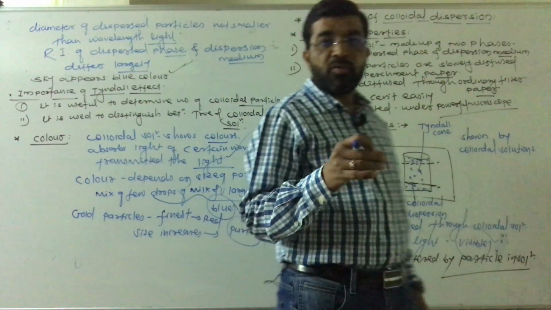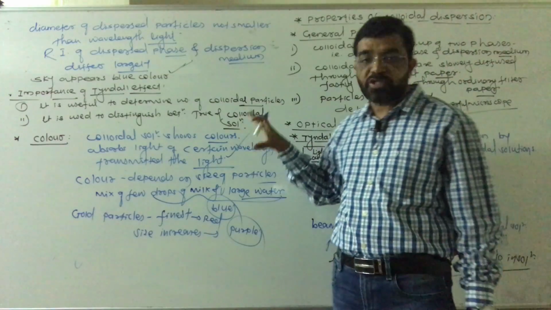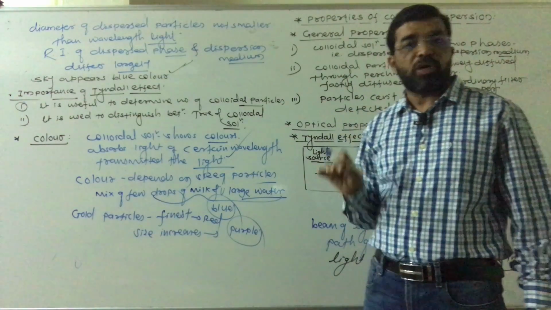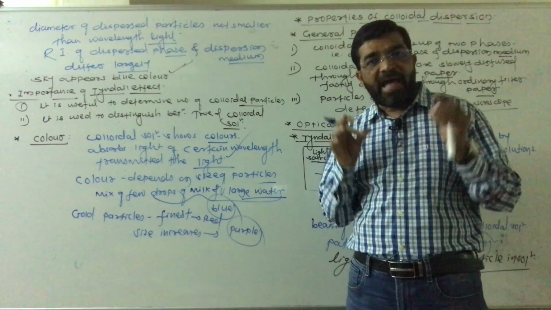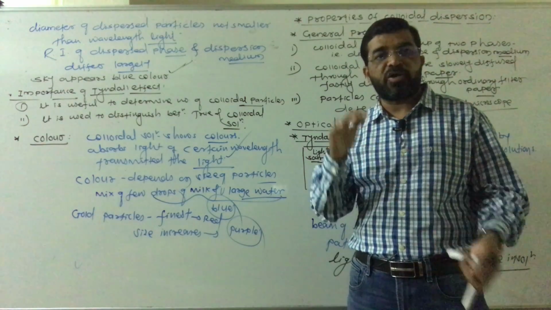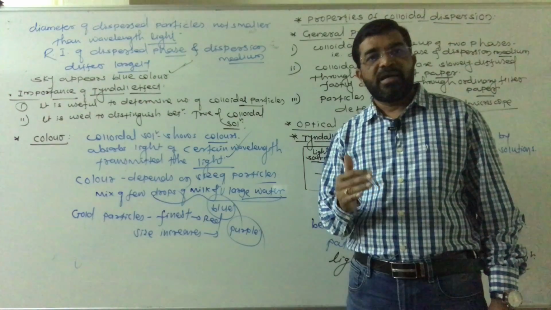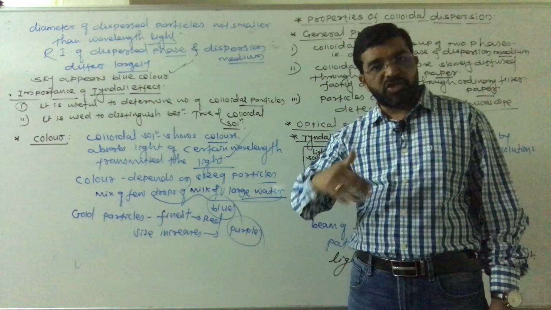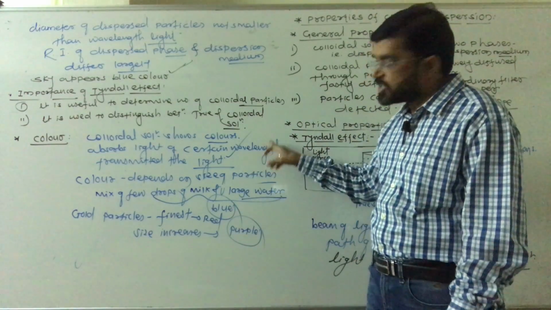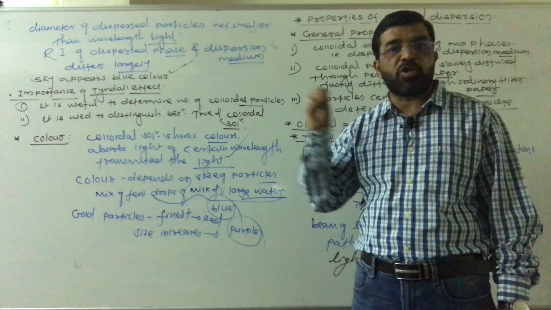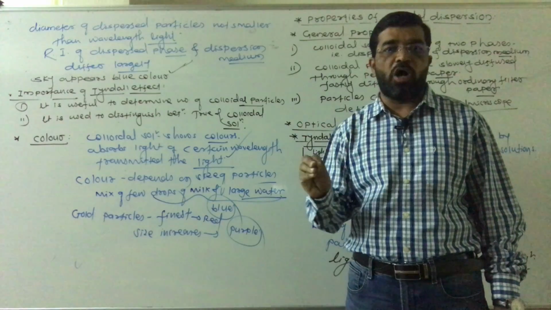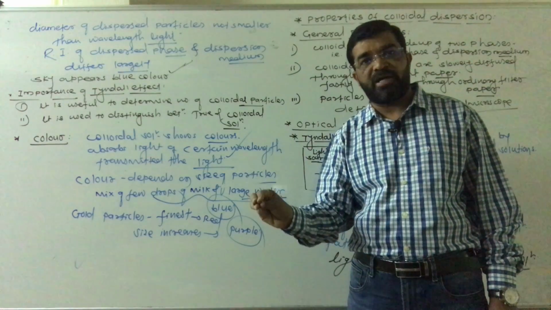So a colloidal solution shows color. The color of a colloidal solution is due to the scattering of light. Actually they absorb the light of certain wavelength and light of the remaining wavelength is transmitted. That transmitted light appears as the color, and the color depends on the size of the colloidal particles.